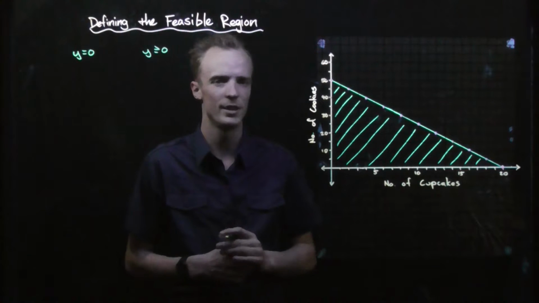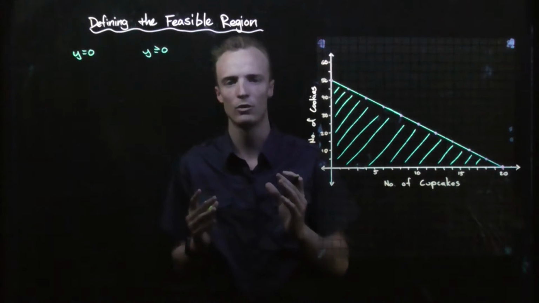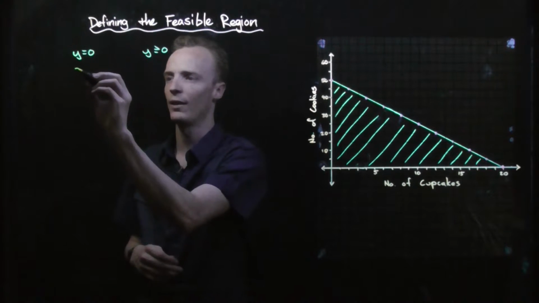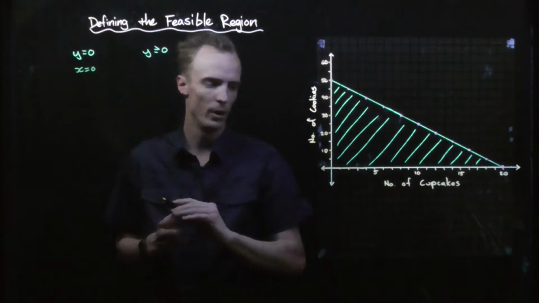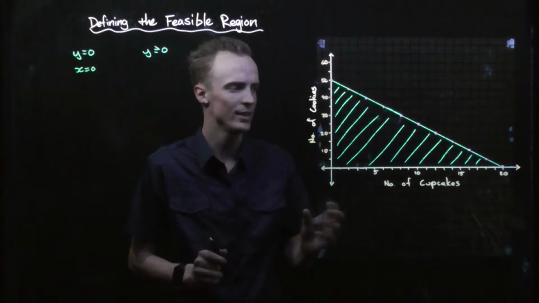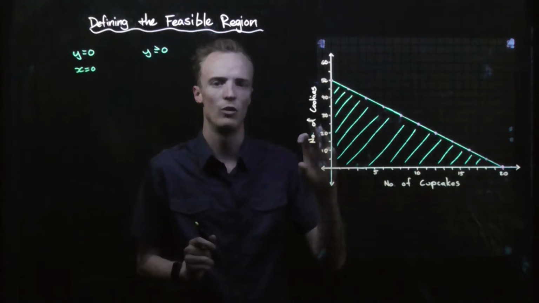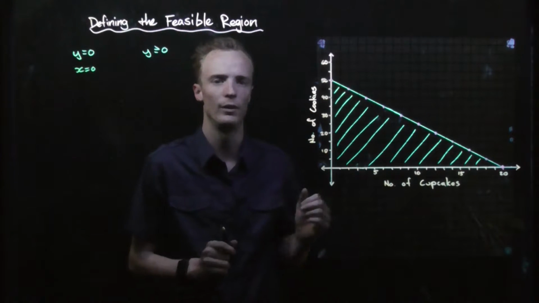So let's now go to the second boundary, the y-axis. The y-axis can be described using the equation x equals 0. It's wherever our x value is always equal to 0. Now, just like the x-axis, there are feasible solutions that exist along the y-axis where x is equal to 0.